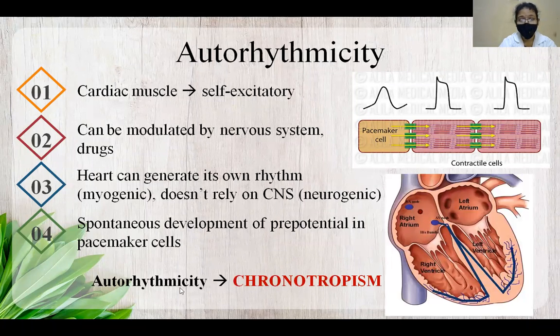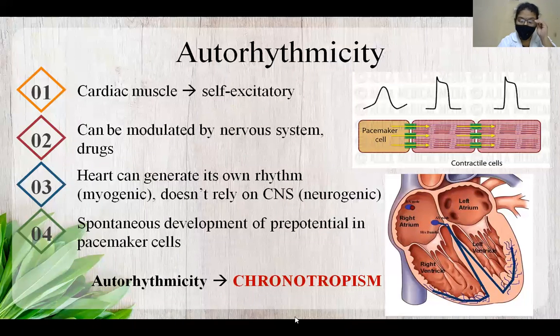This autorhythmicity is known as chronotropism. Remember, rhythm means rate, and chrono means number. This is how you should remember: break the words and you will understand the meaning. Chrono means number, number means rate, heart rate. So autorhythmicity, the other name given for it, is chronotropism.